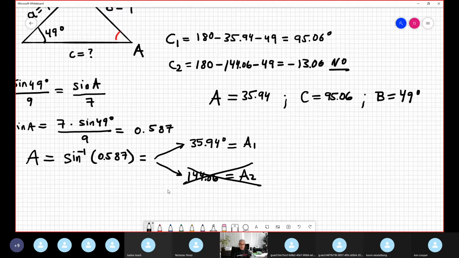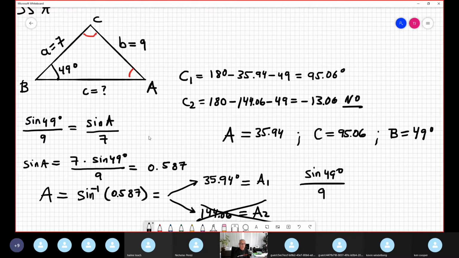So I decide using the original given quantity, 49 degrees, divided by 9. Look, in the original triangle, I use this, I use that. But I know sine C, that angle, 95.06 degrees, of course, divided by C, I have no idea who this is.